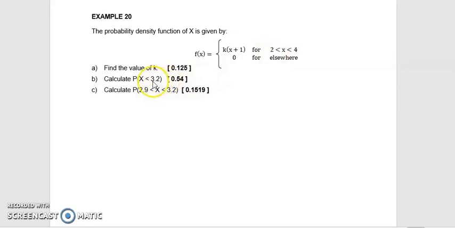Why is upper limit 3.2? Because now we want to find x less than 3.2. And the last one is also the same. We want to find probability of x more than 2.9 but less than 3.2. So the value is also within this interval. So integrate this function with lower limit 2.9, and upper limit 3.2.